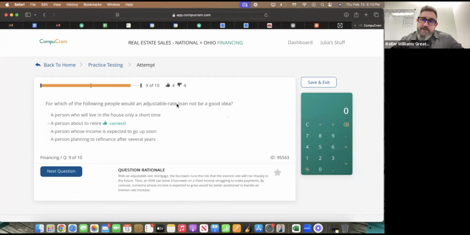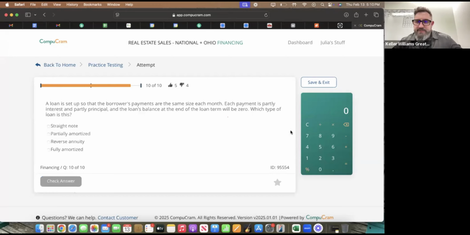If the interest rates are higher on a fixed rate than their current ARM, then they can stick with what they have and hope it doesn't fluctuate. All kinds of options with an adjustable rate mortgage. So you've just got to do what's best in the best case scenario for each individual buyer. Hopefully that helps. I like to give a little real world scenario stuff as we go through this.